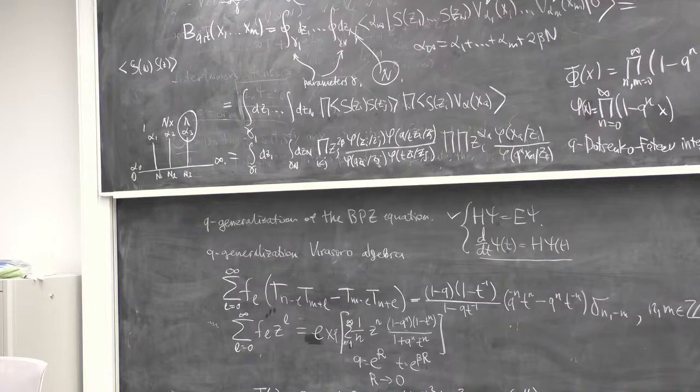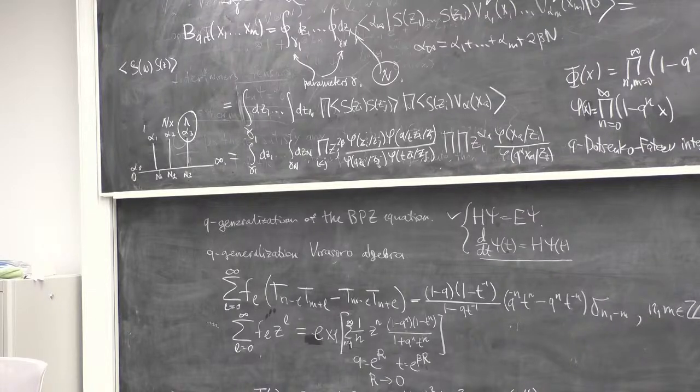If you take not a 5-point but say a 4-point function, can you write down something similar, like an equation? Well, the 4-point function is too simple. In the normal Virasoro case you can, right? Yes, but it's a hypergeometric. Yeah, it's hypergeometric.